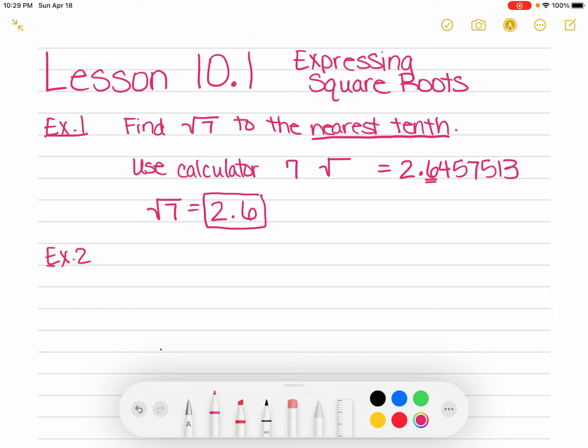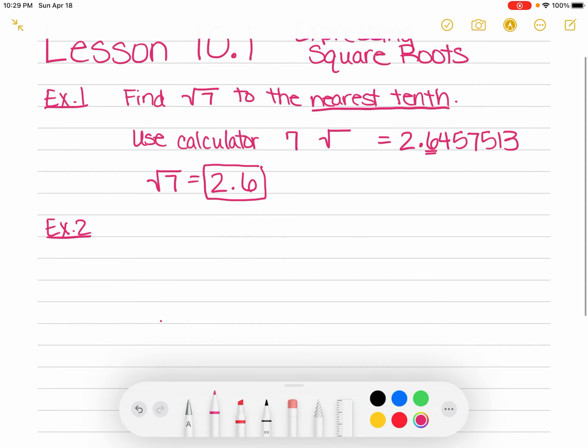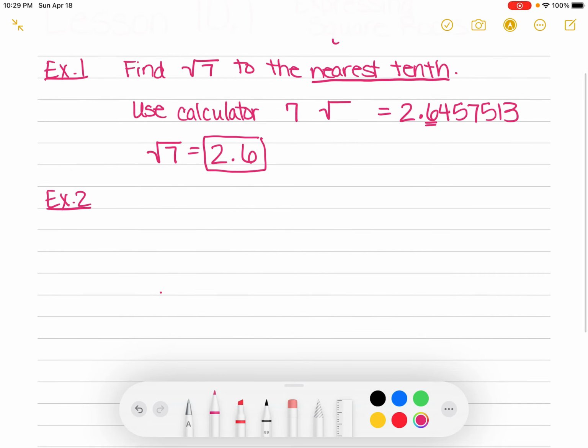Okay, example 2, we're going to do kind of the same thing, but not use a calculator. So we're going to estimate. So we don't want to get an exact number. We just want to estimate the square root of 129 to the nearest integer. So integer means a whole number, right?